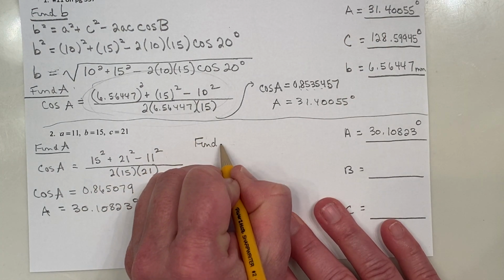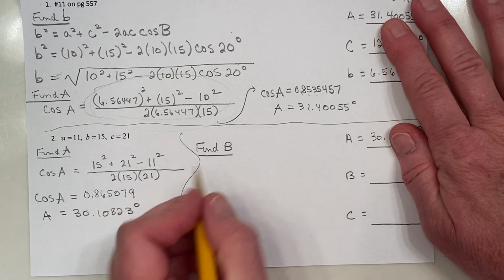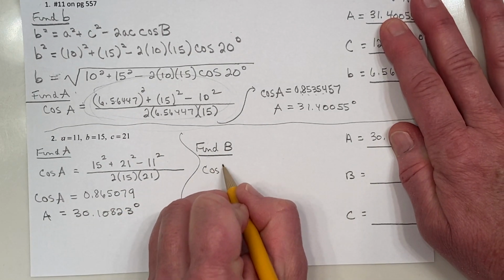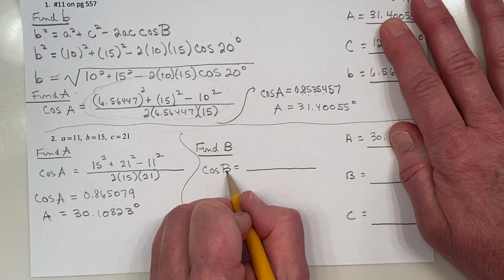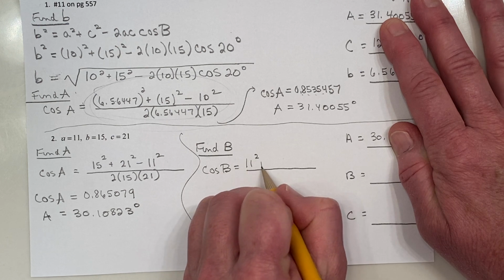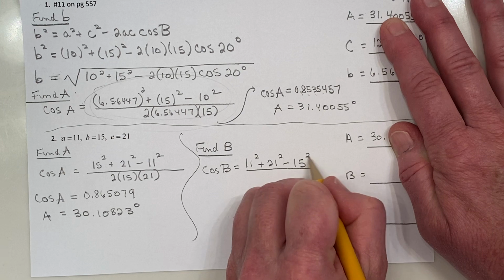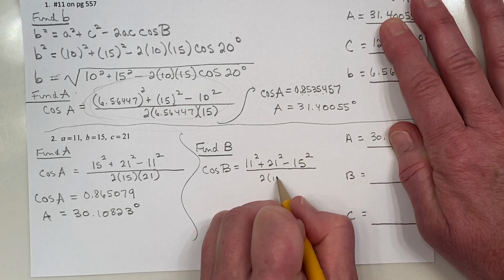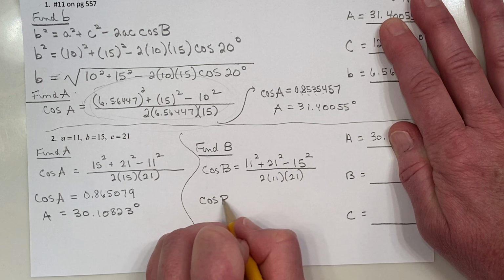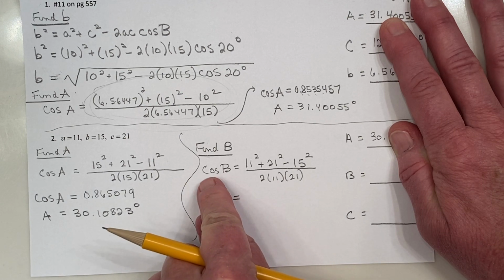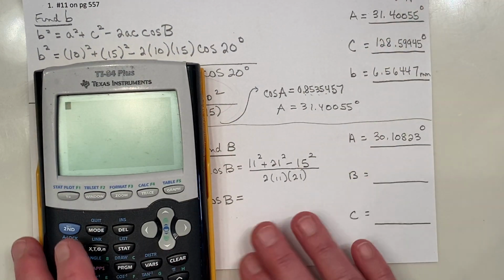Okay, and I'm going to find angle B much the same way. So look up to the top, find your cosine of angle B formula. It's a squared plus c squared minus b squared all over 2 times 11 times 21. You can find a value, or you can actually just go straight to second cosine of that. I'm sure some of you have seen that, and that's absolutely fine too.